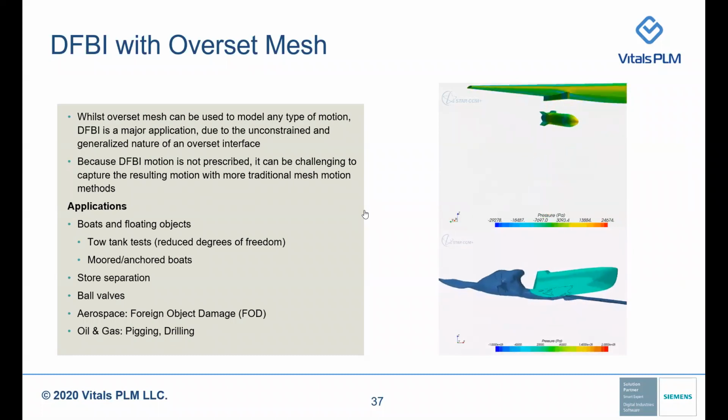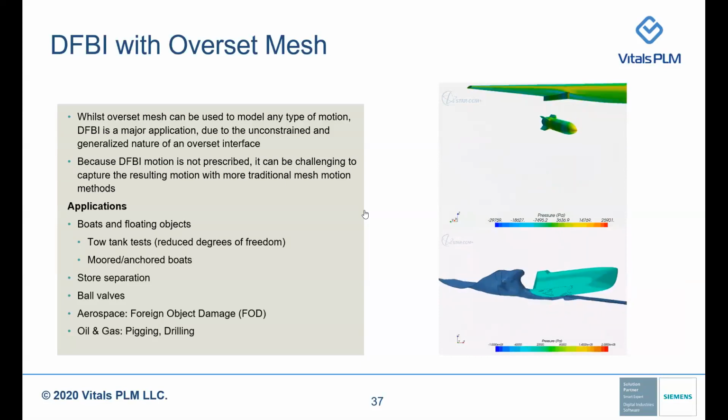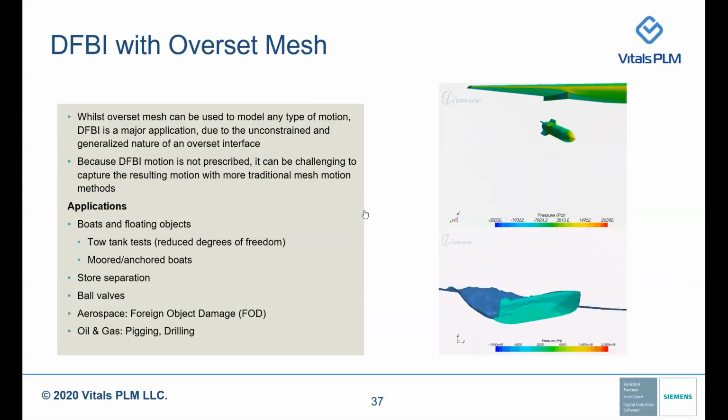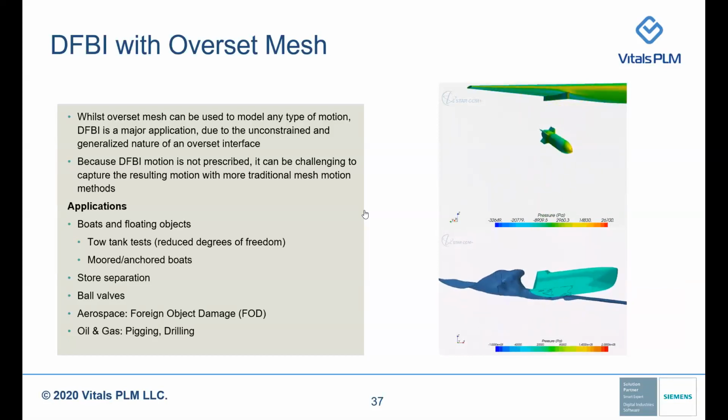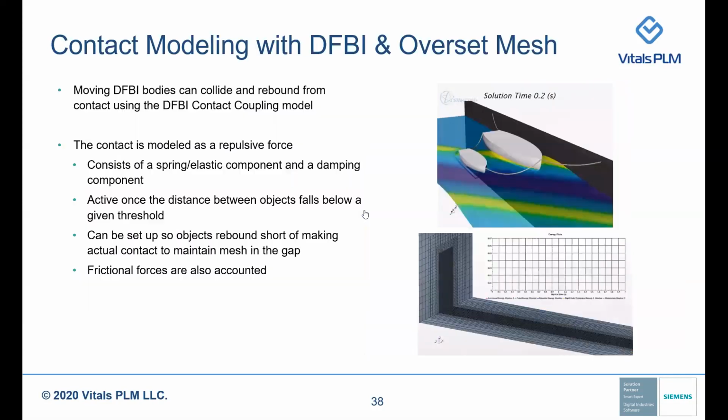So both the models are used to get the realistic behavior of the bodies under phenomena like store separation, and the boat slamming on this free surface. All these physical behaviors can be efficiently modeled by using the combination of DFBI and Overset Mesh.